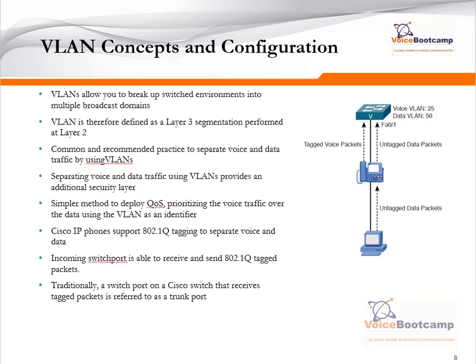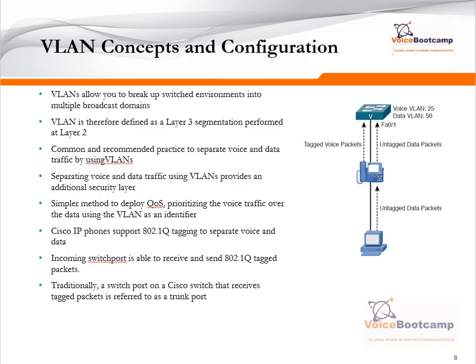Once the phone is connected, the next step for the phone is to obtain network services. Now, first of all, in order to do that, the phone must belong to a VLAN. In switching environment, a VLAN or virtual LAN allows you to break up a switch environment into a logical multiple broadcast domain.